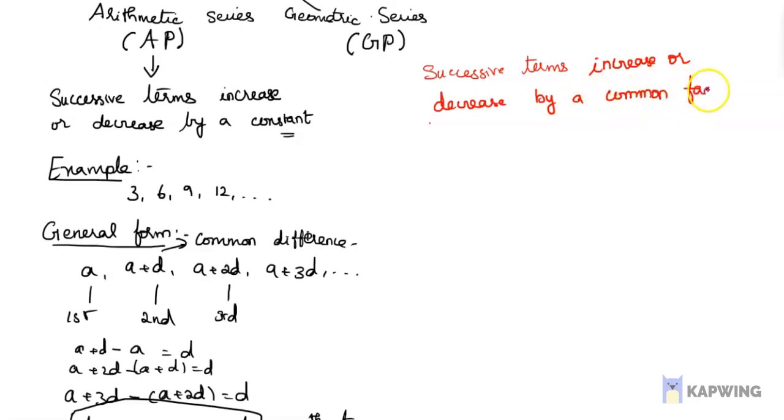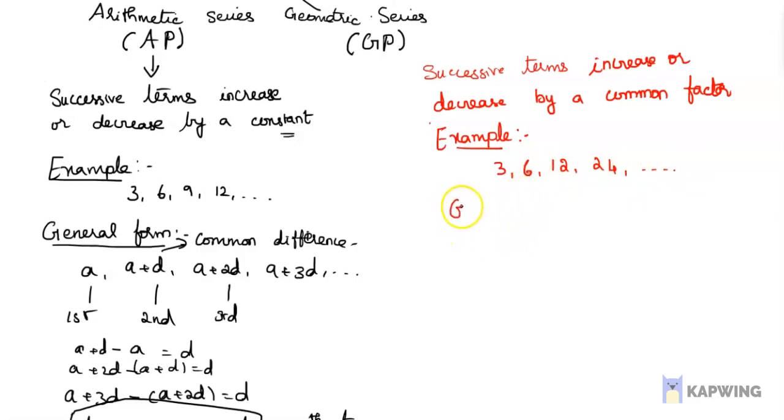Successive terms increase or decrease by a common factor is called the geometric series or geometric progression. For example, we can take 3, 6, 12, 24, likewise. This is an example of geometric series.